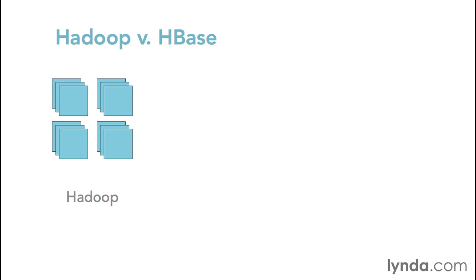HDFS by default is 64K or 128K and is actually tunable in config files to even larger sizes. And these are often called chunks rather than files. So it's really important when you're planning your Hadoop implementation to think about how you're going to lay out your files. And you can natively process those with the MapReduce framework.